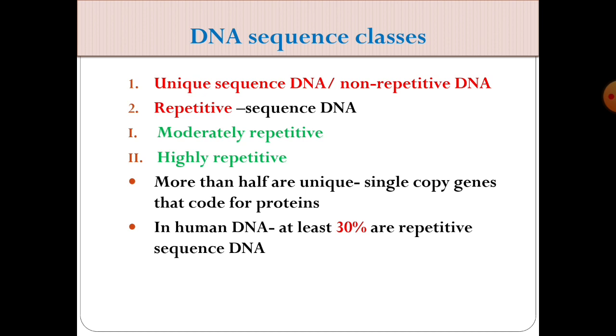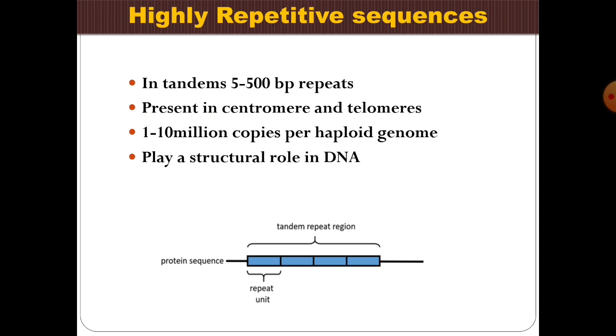So, the first category is more than half, and then repetitive sequence: in human DNA at least 30% of the DNA sequence is repetitive. Under these repeat sequences we have moderately repetitive and highly repetitive sequences. Coming to the highly repetitive sequences, in tandems of 5 to 500 base pair they will have repeats.